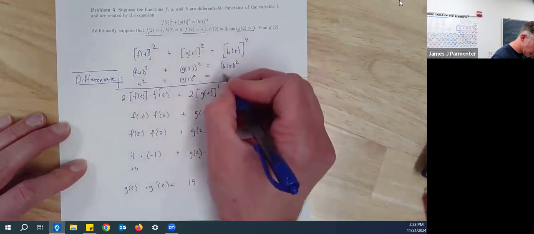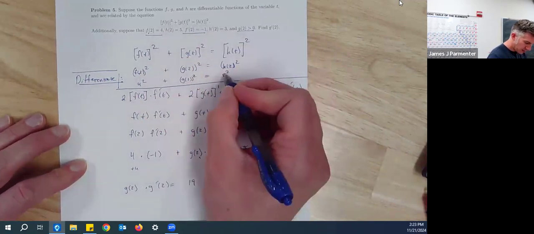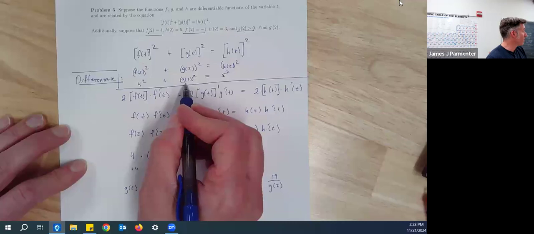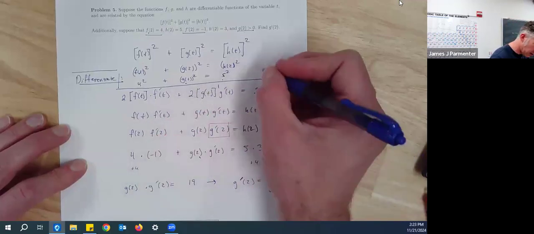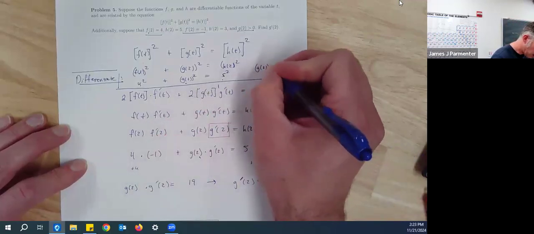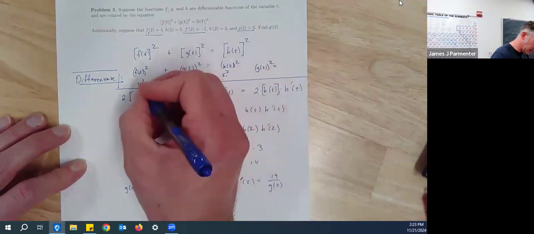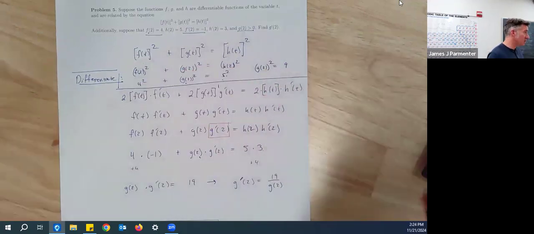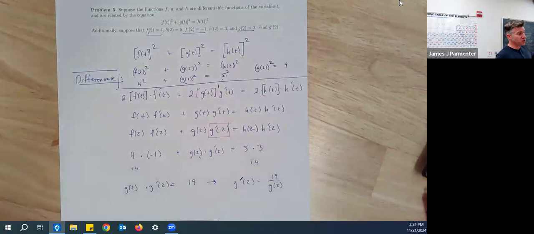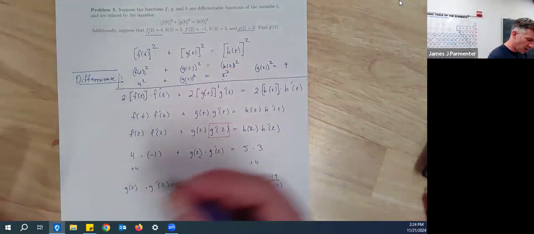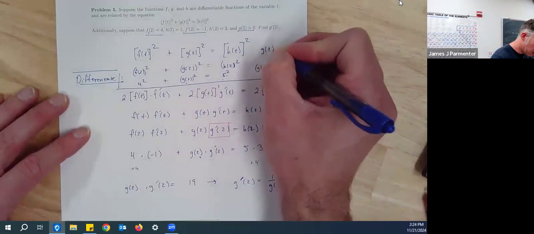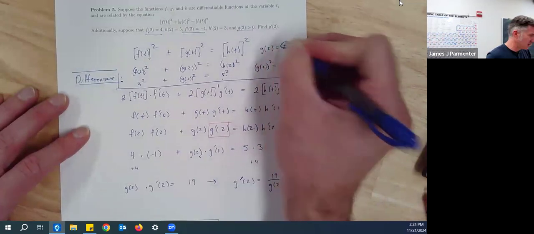Yep, it sure is. So 4 squared plus 3 squared equals 5 squared. Or you could just solve it, right? g of 2 squared is equal to 25 minus 16, which is 9. And this is why we need to know that g of 2 is positive, because the solutions here are that g of 2 is positive 3 or -3. So g of 2 is plus or minus 3, but it's positive 3 specifically.